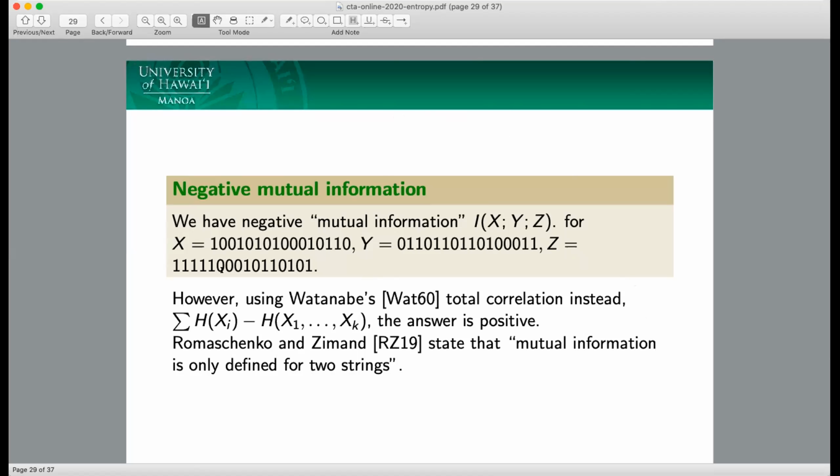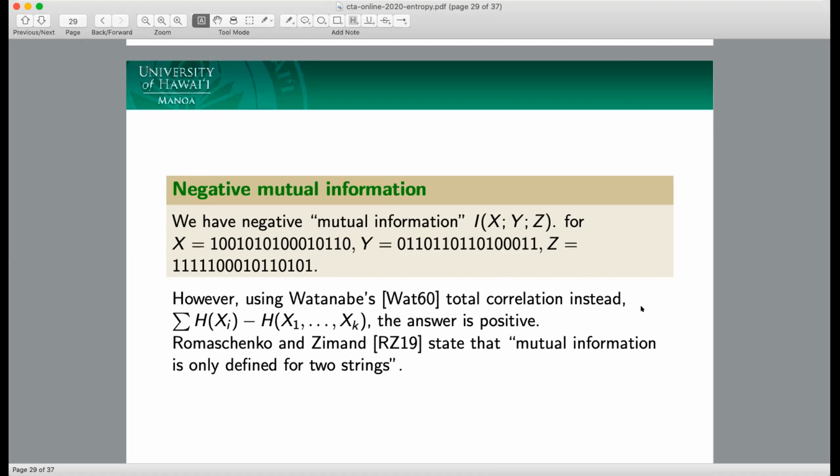It's just that each one is the sum of the other two mod 2. And so if you work through this definition, it means they have negative mutual information, because any two of them are independent, but if you're given the third one, that determines whether the first two are equal or not equal.